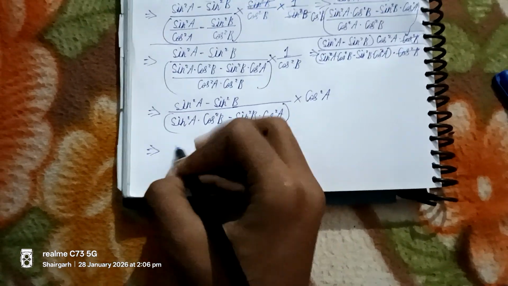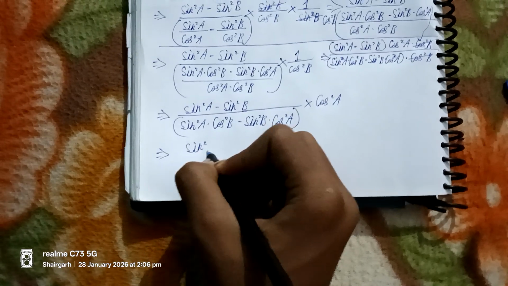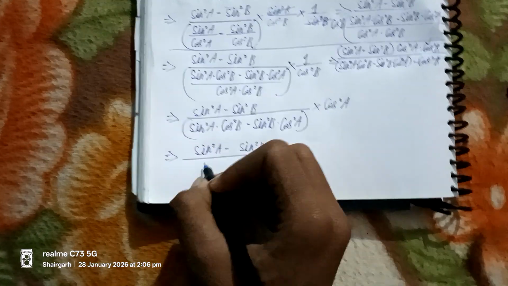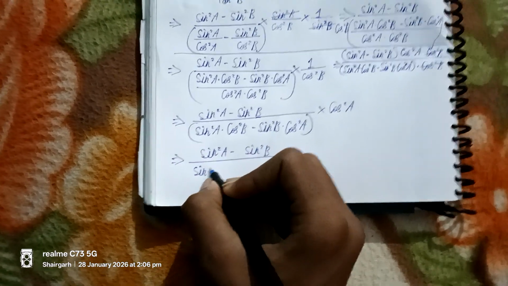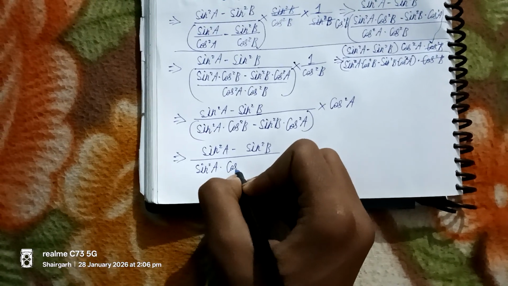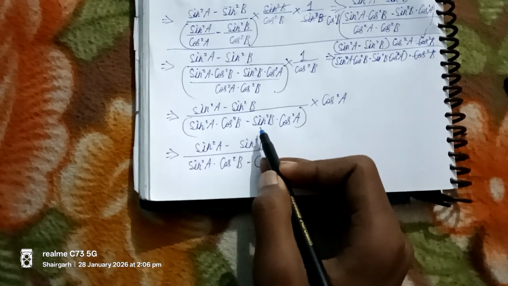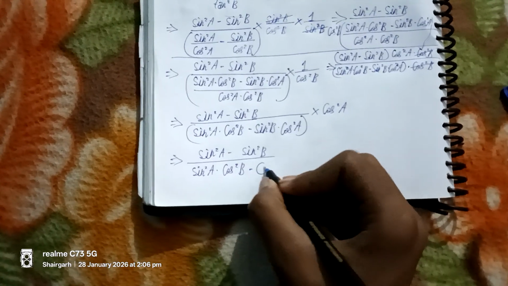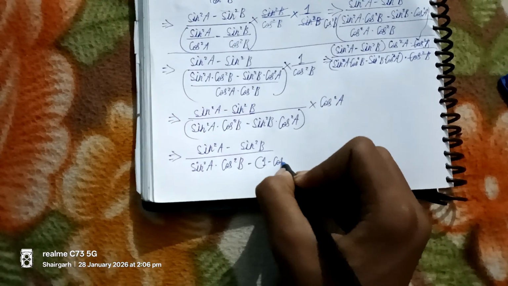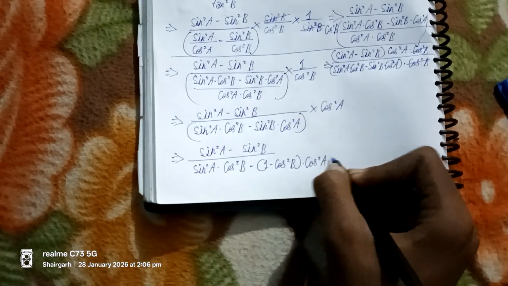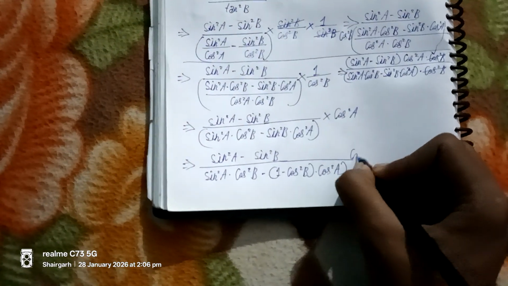Okay, then our next step: now we can split this sin square B into 1 minus cos square B, like that, and here is cos square.